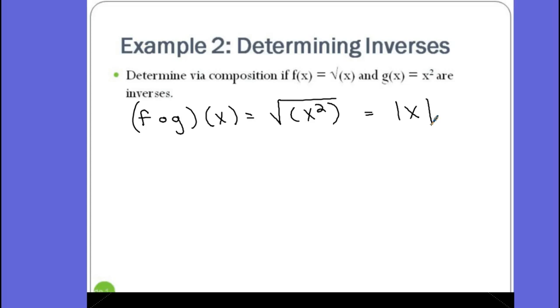Why? Is it the plus one? Okay, kind of. This actually goes back to something I stressed in Algebra 2. You can square a negative number and it still gives you the same value as a positive. Exactly. So no matter what I'm going to get out of the square root of x squared, it's got to be positive no matter what. Remember when I used to stress even, odd?